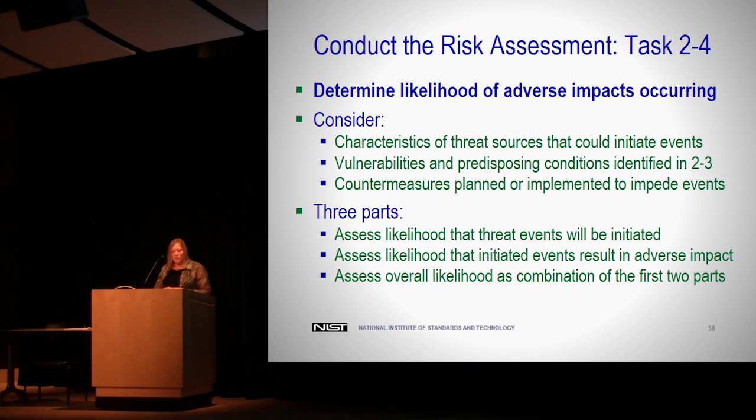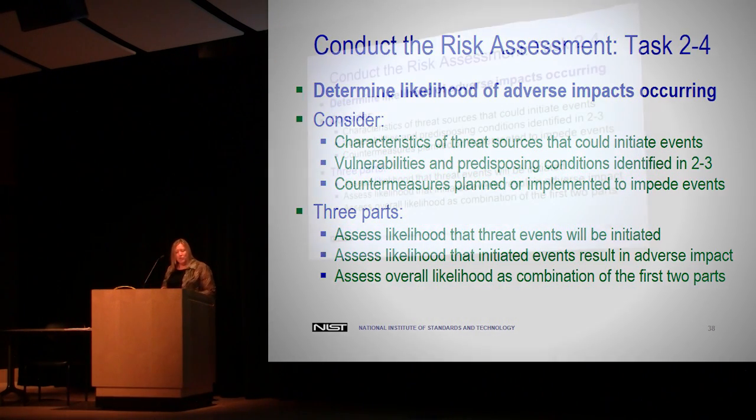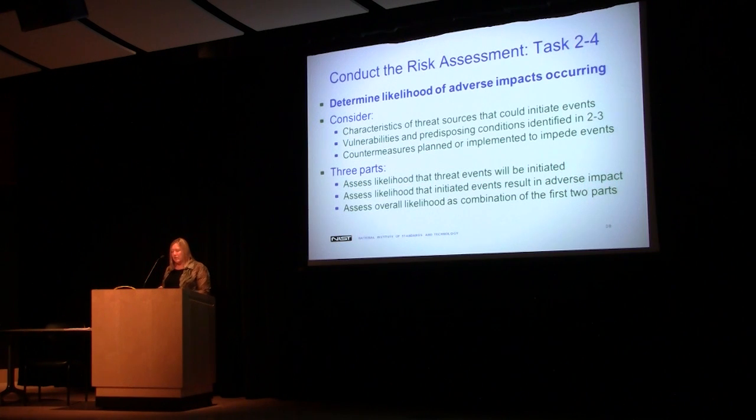And then we combine those in the third step for the overall likelihood. It seems a little weird if you've never done this before, but hopefully when we go through it in the workshop, it'll become more clear. Those are the three parts to determining the likelihoods.